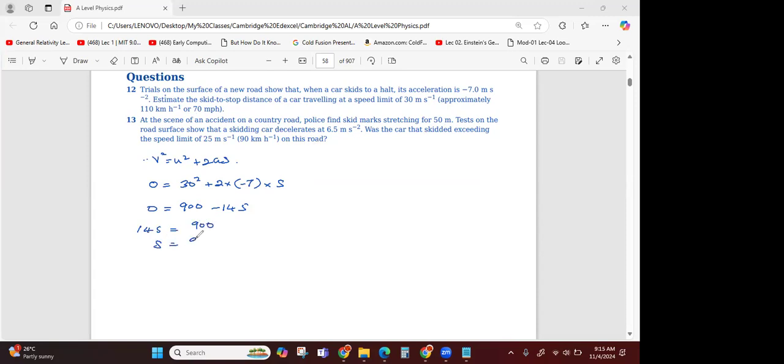So s equals 900 divided by 14. So it's 64.29 meters.